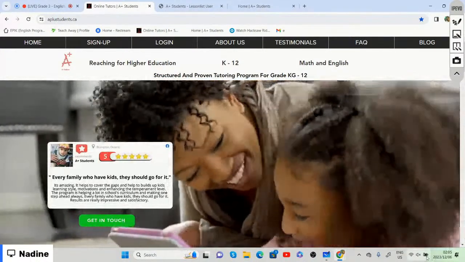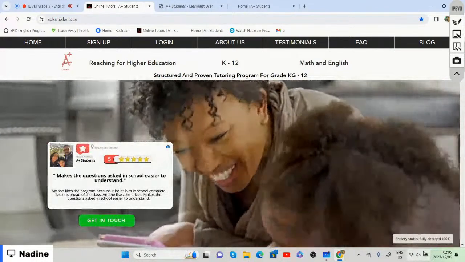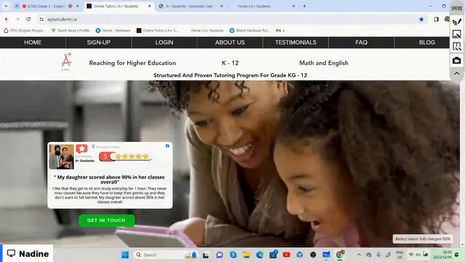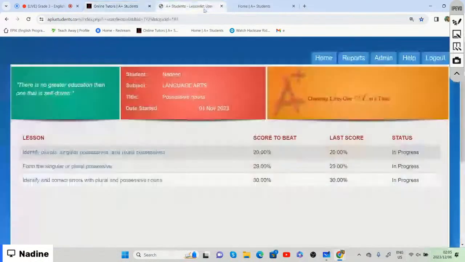Once we have selected language arts, grade 3, we're going to scroll down until we get to the chapter of possessive nouns. And we are basically going to do all of the lessons under the chapter of possessive nouns.